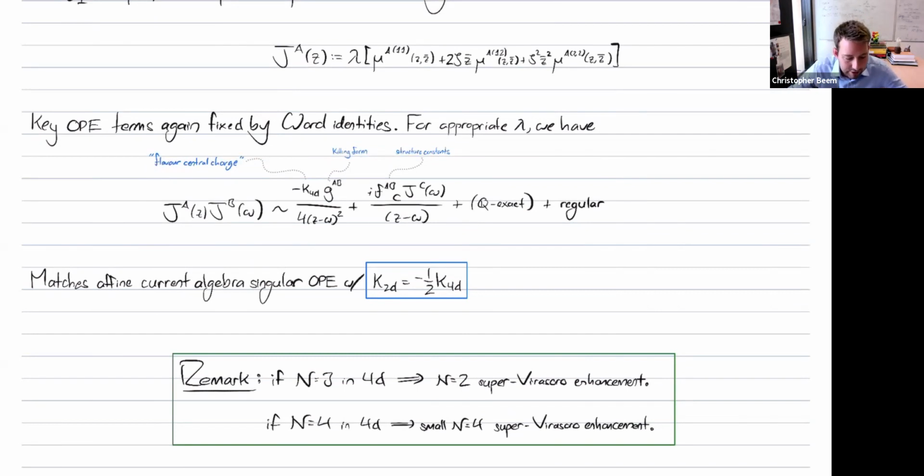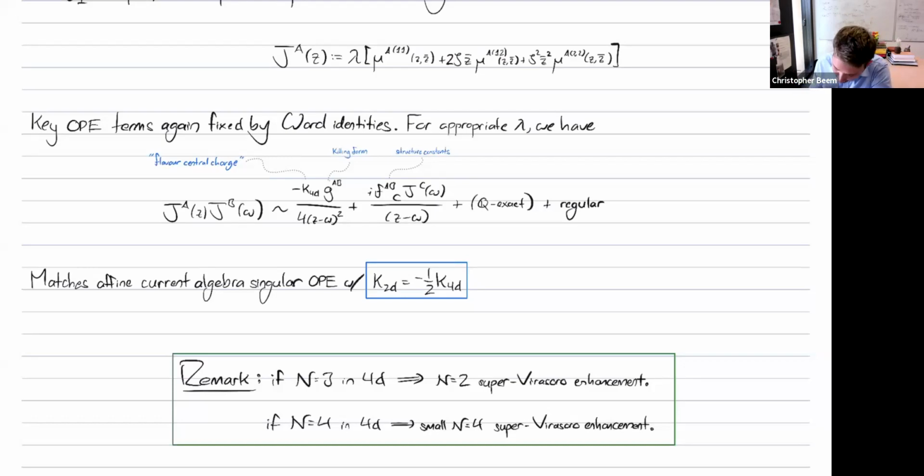So there's a nice story that emerges over and over again, where we have some symmetry structure in 4 dimensions, whether it be conformal symmetry or global symmetry. And then at the level of this associated vertex algebra, you get the natural affine vertex algebra version.